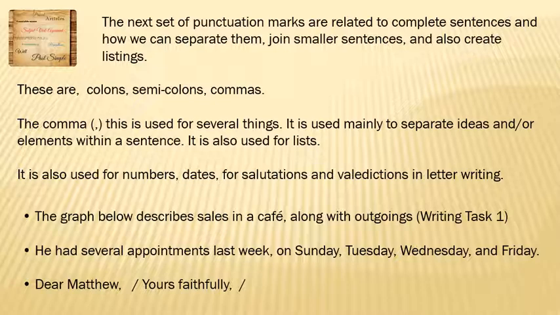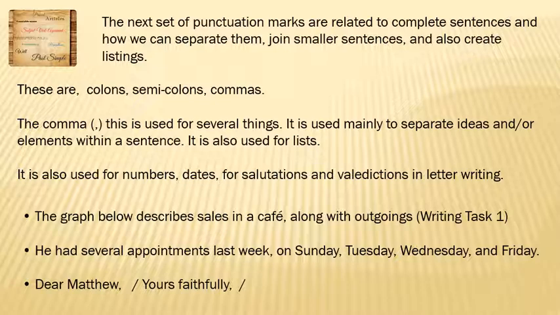This is used for several things. It's used mainly to separate ideas and or elements within a sentence. It's also used for lists. It's also used for numbers, dates, for salutations and valedictions in letter writing. So I'll explain those in a second.